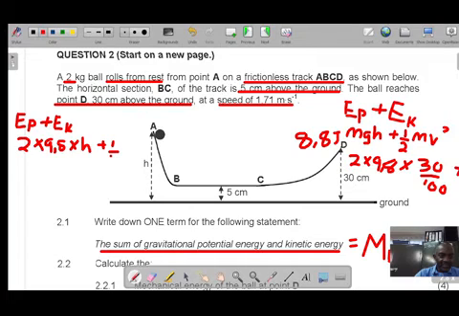But at point A, that's where the ball was released, ne? Meaning that its initial velocity is 0. So it's gonna be 2 then times 0 squared here, because they said it started from rest, ne? Which means V initial is 0.